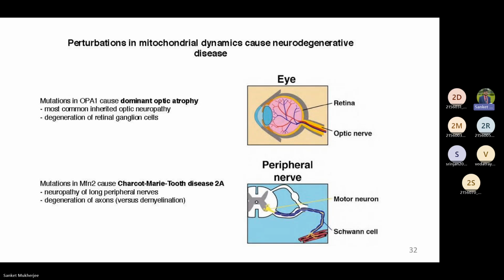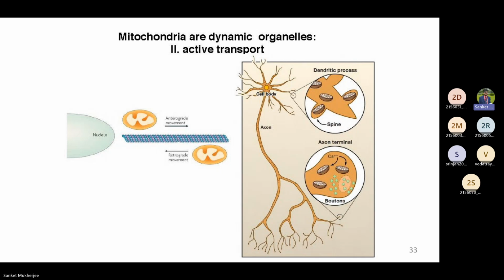And then MFN1, as you know, MFN is used for fusion. That causes neuropathy of long peripheral nerves. So it's very important that these proteins remain intact in a cell, otherwise it leads to a lot of diseases.